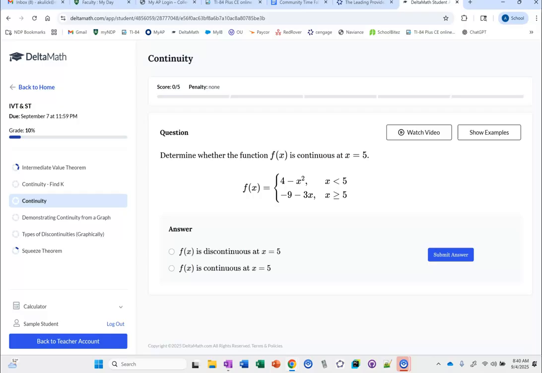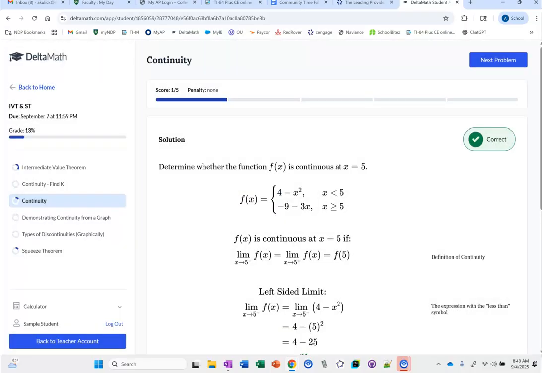So all I'm going to do, I'm going to plug 5 in. When I do that, I get negative 21. Plug 5 in. When I do that, I get negative 24. Are those the same? Tells me the limit doesn't exist, so it can't be continuous there. Done.